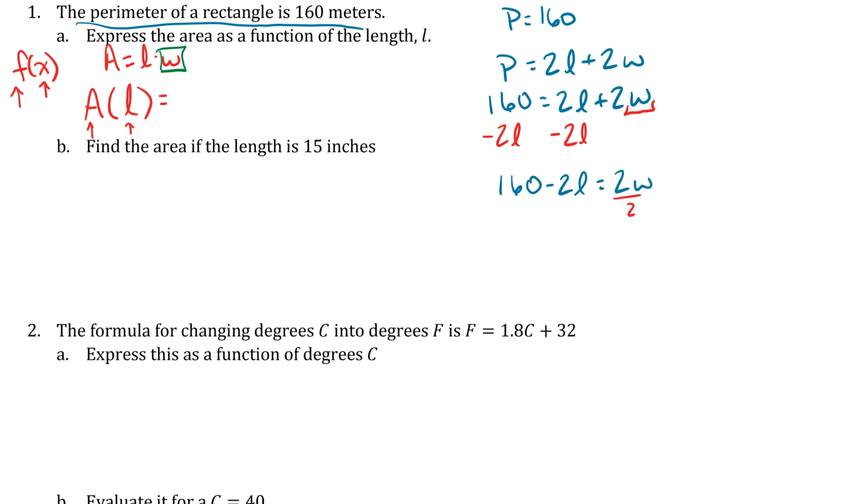Then we divide both sides by 2, which gets us 80 minus L equals W.